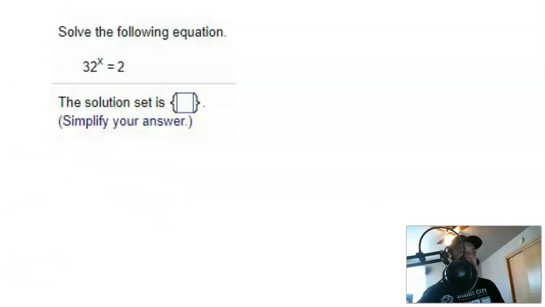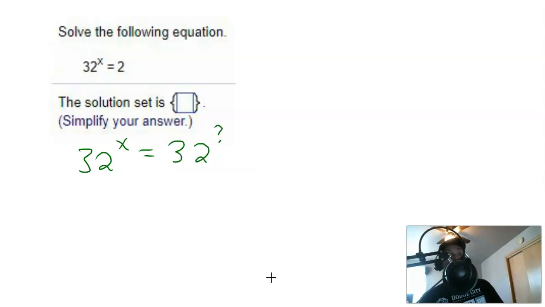Let's take a look at another example. So this one's a little tricky. We can't quite do it the same way we've done the previous two. What we've done in the previous two examples is we've said, oh, we already have an exponent on the left-hand side, so let's rewrite the right-hand side as an exponent with the same base.